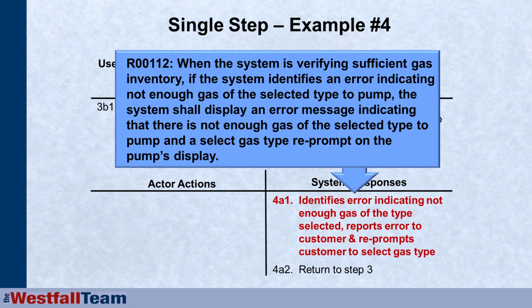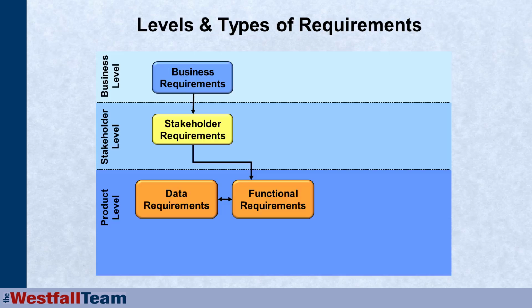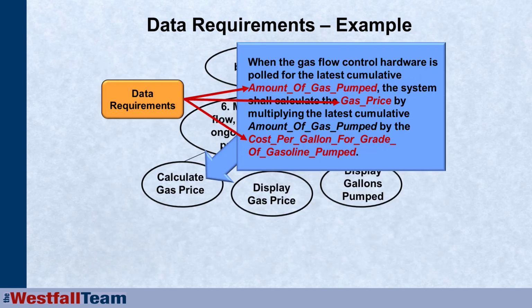Now let's talk about data requirements down at the product level. Data requirements are very specifically what pieces of data you are going to create, update, read, list, display, whatever. So I go back to my functional level requirements and look for those nouns, and I've made them very specific because I italicize them.